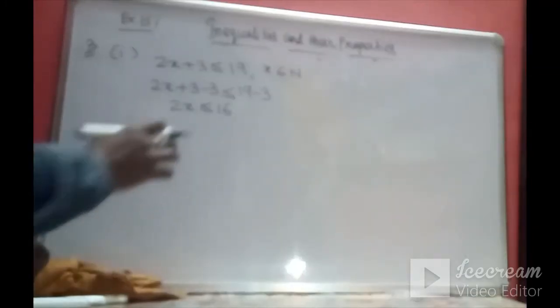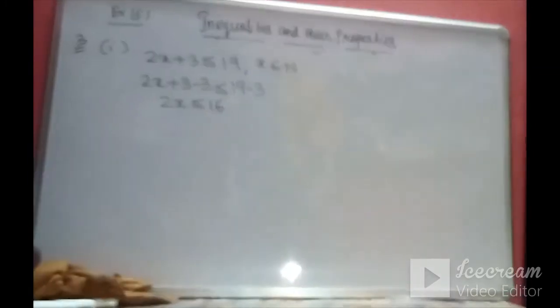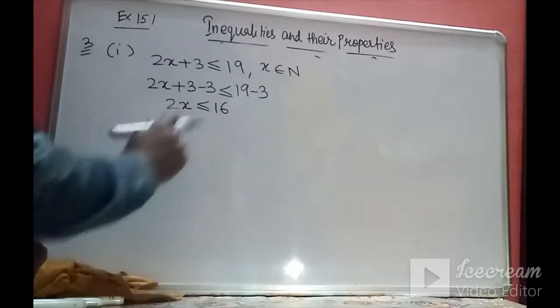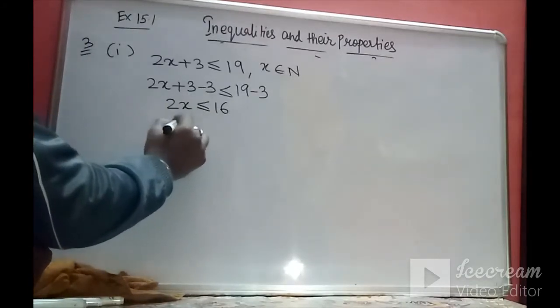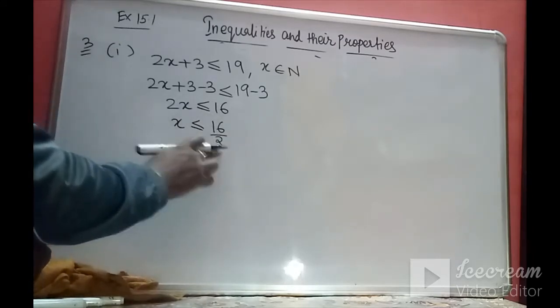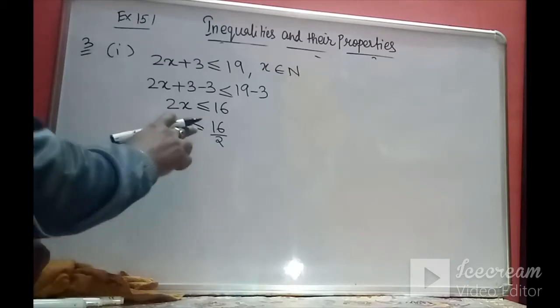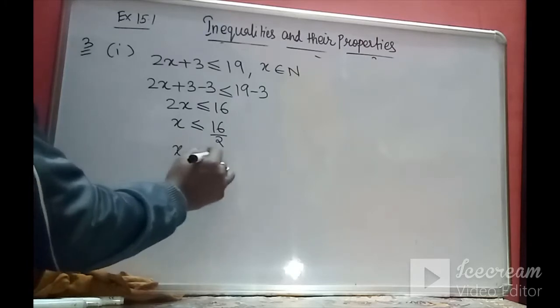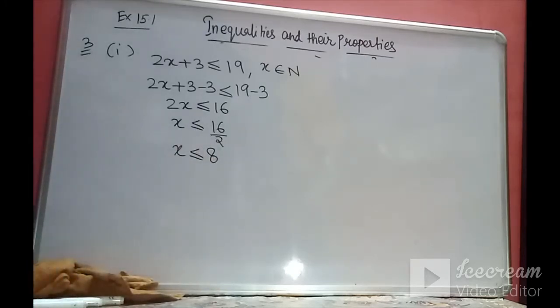Now, whenever it was an equation, what were we doing? We were dividing by 2. Similarly, we will do the same thing here. Since 2 is a positive number, the inequality sign will not change. So you will get x less than or equal to 8.